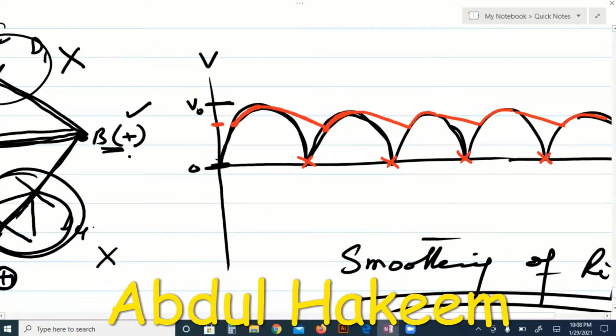Look, the discharging of the capacitor is exponential. So this is not a straight line, it's a curve.